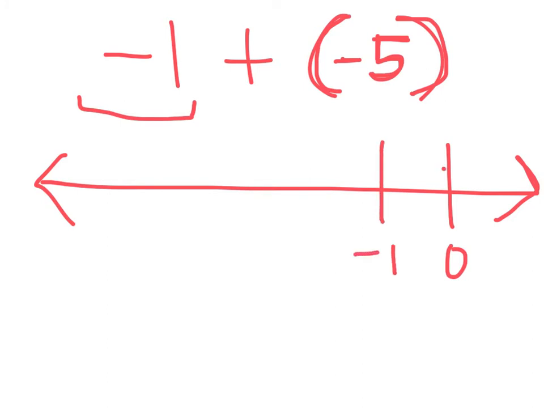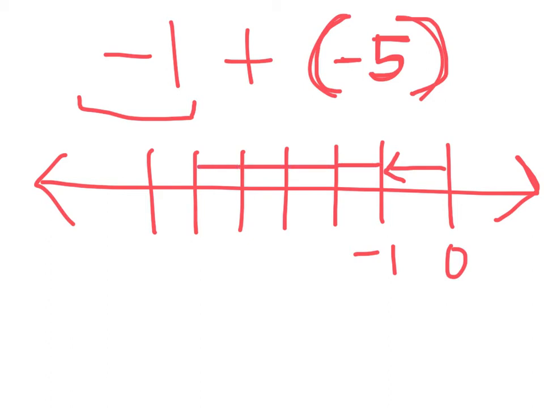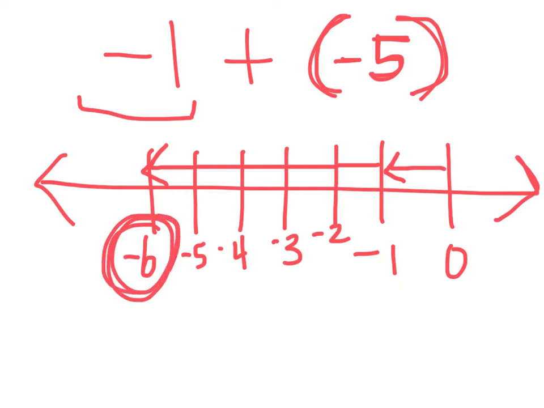We go to negative 1, so I draw an arrow, and if I want to add negative 5, I go 5 more units in the negative direction. So that'd be 1, 2, 3, 4, 5. I move 1, 2, 3, 4, 5 spaces, and that would put me at negative 2, negative 3, negative 4, negative 5, negative 6. So my final answer is negative 6.